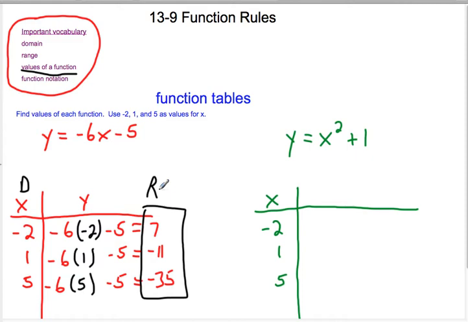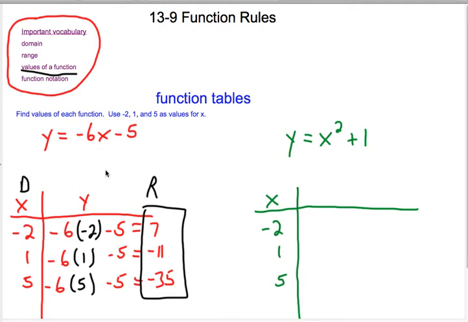However, when you get to a real world problem, like if you were wondering how many calories you get from eating however many In-N-Out burgers, the domain would only be positive numbers, right? Because you can't eat negative burgers. And the range would only be positive amounts of calories, because you're not going to get negative calories from eating burgers. But strictly from an equation point of view, the domain and range could normally be anything.